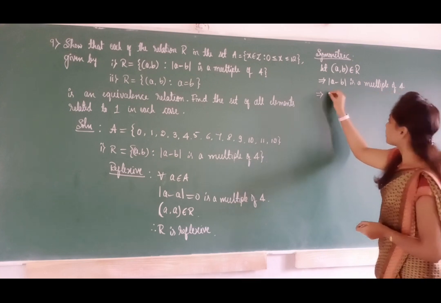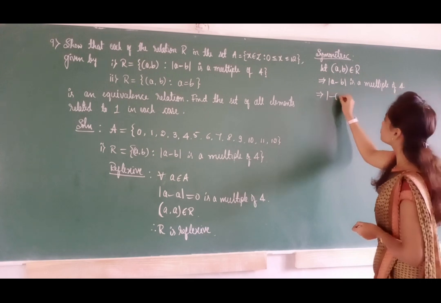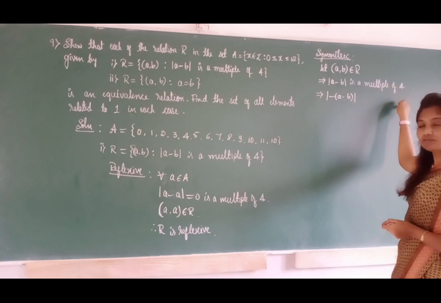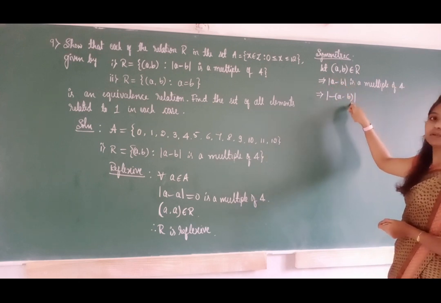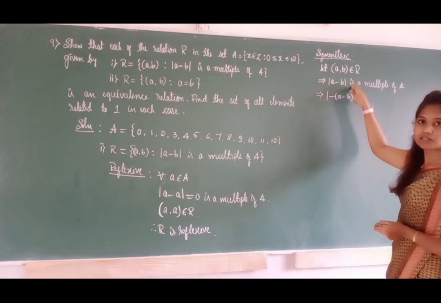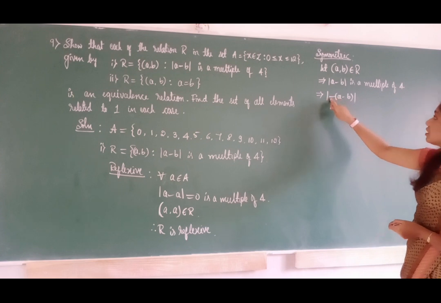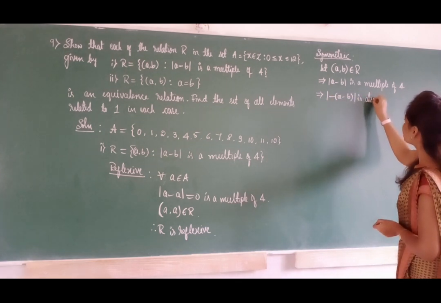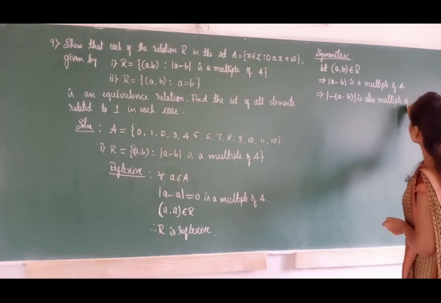Okay, so observe here, A minus B is a multiple of 4, then modulus of a negative number is also positive. This is also a multiple of 4. Modulus of minus of A minus B, what we get? Modulus of A minus B. That is, modulus of a negative number is positive. So modulus of minus of A minus B is also a multiple of 4.